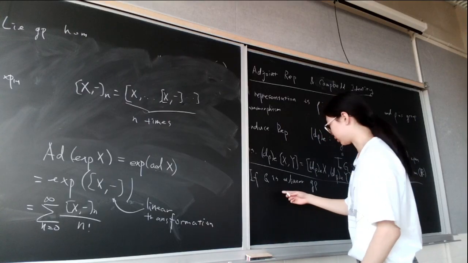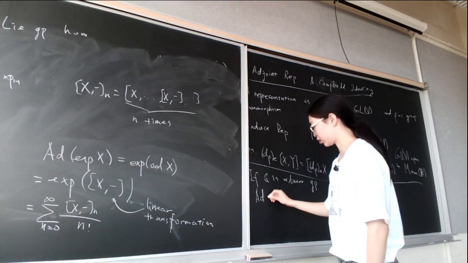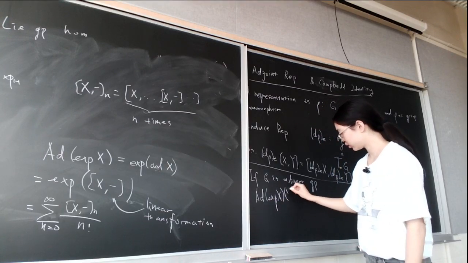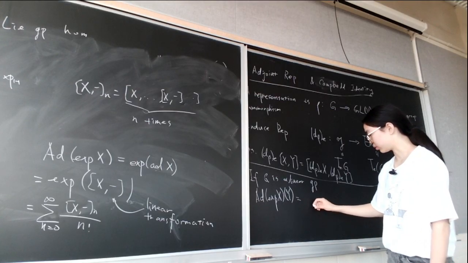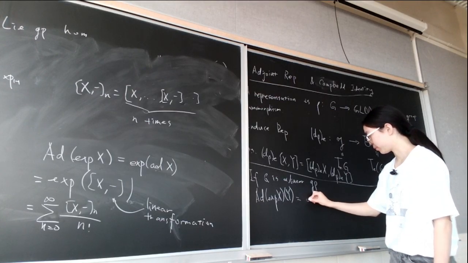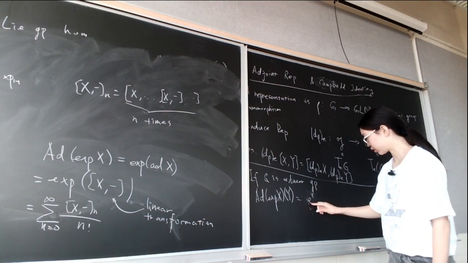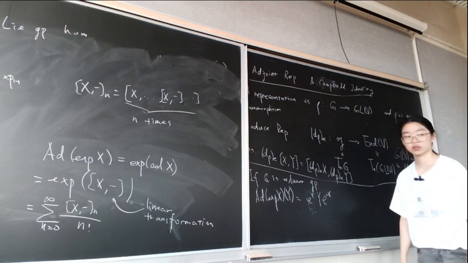If it's a linear group, then Ad of exp x applied to y is just equal to e to the x, y, e to the negative x.